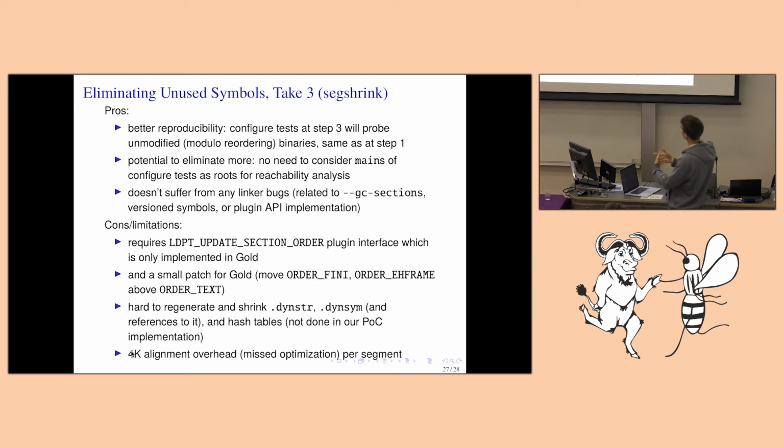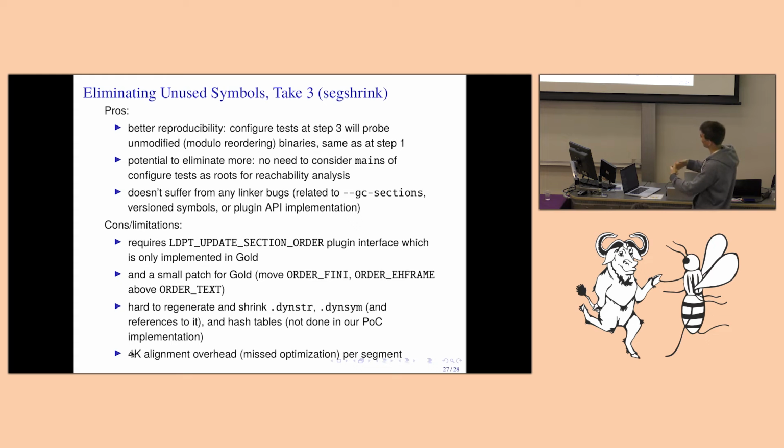The thing I have not touched before is reproducibility, which kind of plagued us when we implemented the first two approaches, because when you throw away something, you change what configure tests see when configuration of packages happen.